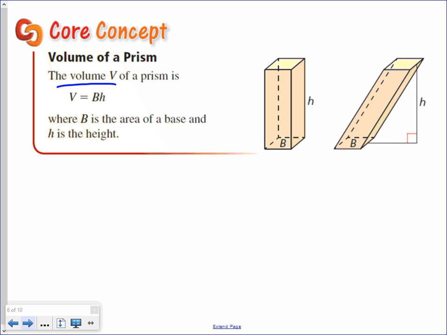So here's your volume formula. Volume is a little bit easier. That's just capital B times H, and they stand for the same thing. So if you want to rewrite it down, you can. B is area of the base, and H is the height.